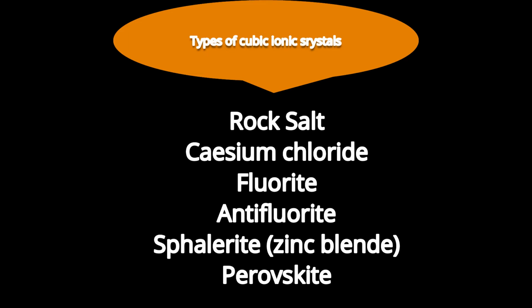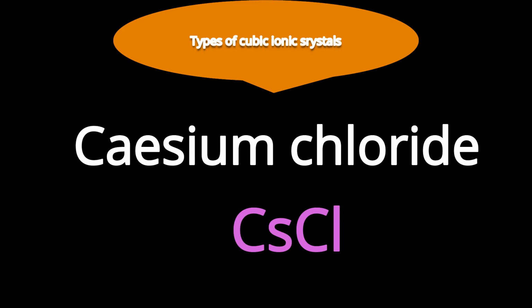Number two, cesium chloride. Number three, fluorite. Number four, antifluorite. Number five, sphalerite, of course, zinc blende. Number six, perovskite structure. Let us study today the cesium chloride structure.